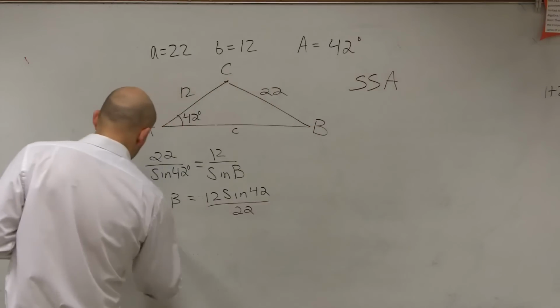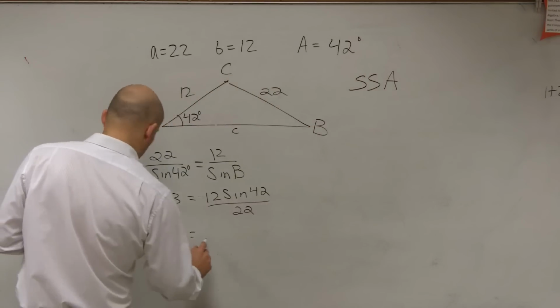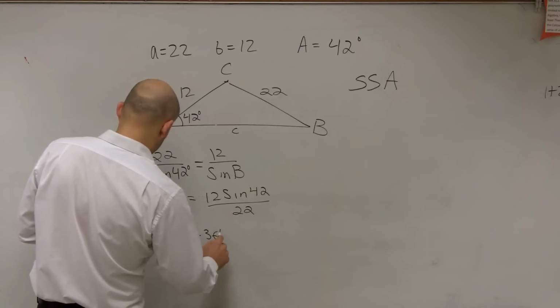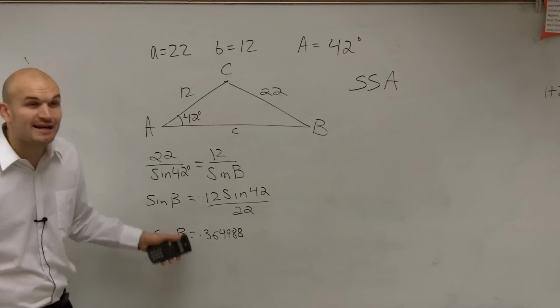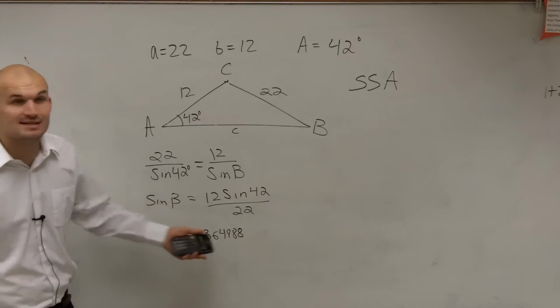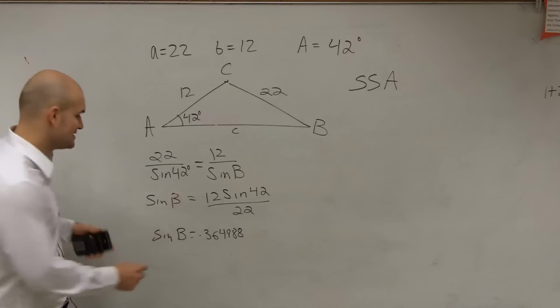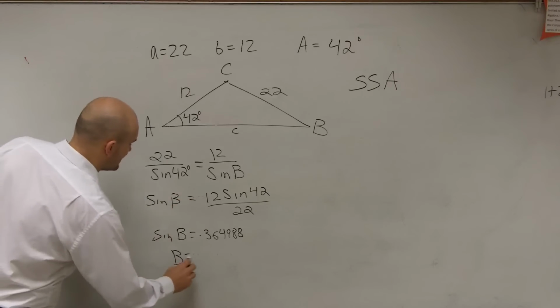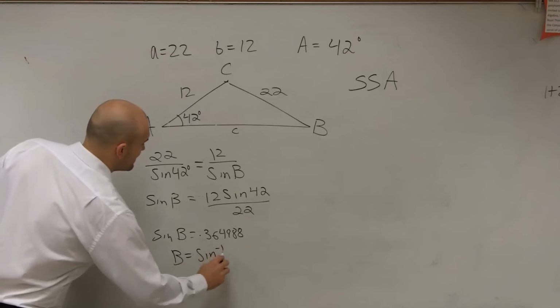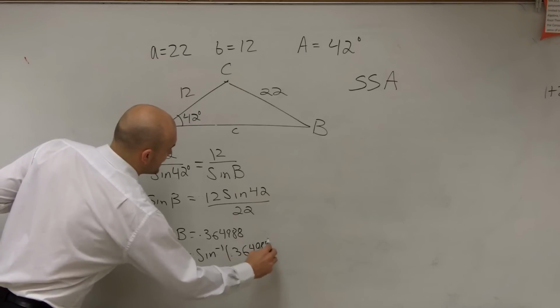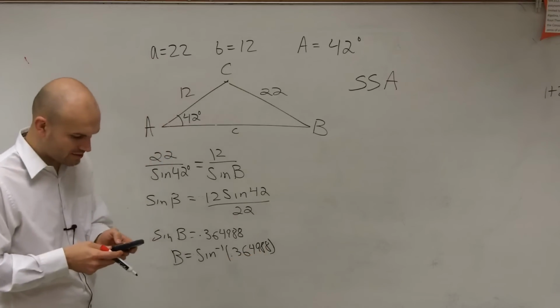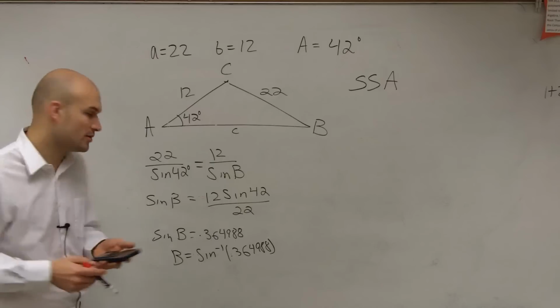So I have sine of b equals 0.36498 rounded. But remember, we want to find out what b is. It says the sine of b is equal to this decimal. So therefore, b equals sine inverse of 0.36498. When I do sine inverse, I get 21.4 degrees.